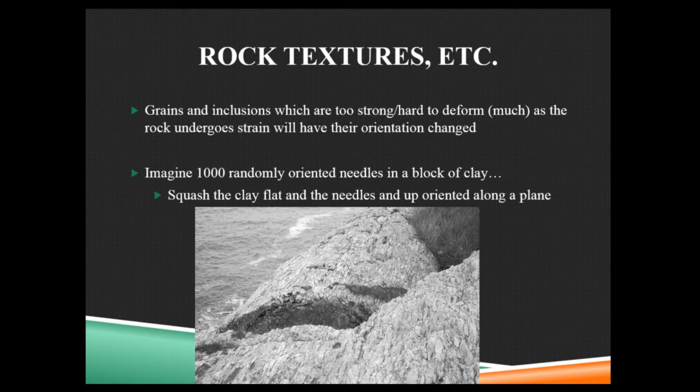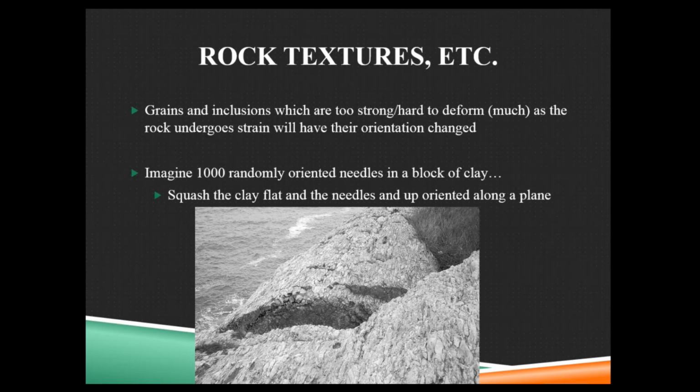Imagine a block of clay with 1,000 needles randomly stuck into it. The needles are much more rigid than the clay. They could start out in any orientation. But if you set a big heavy block on top of that clay and compress it vertically, the needles change orientation until they're all parallel to the surface of the table that your clay is sitting on, or at least nearly parallel to it, depending how far you squish the clay.